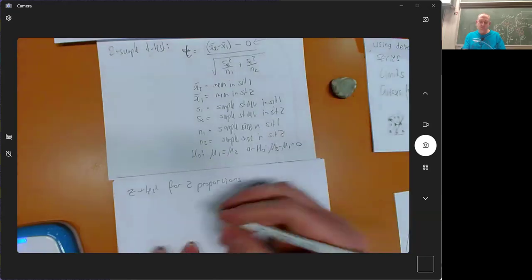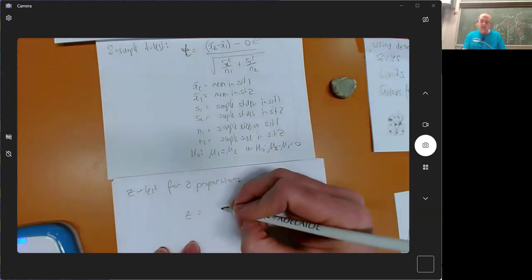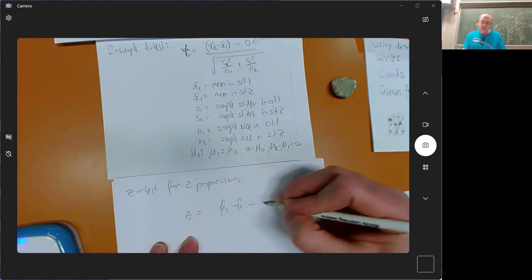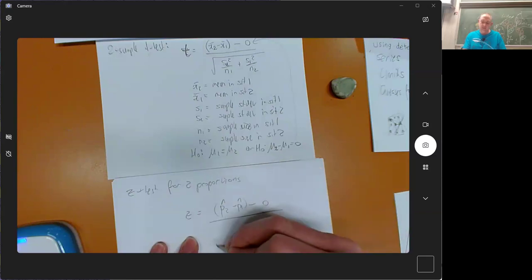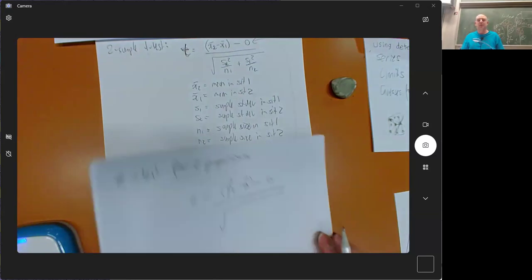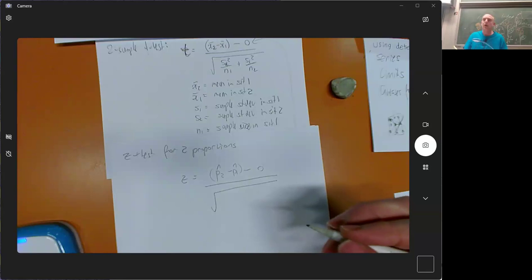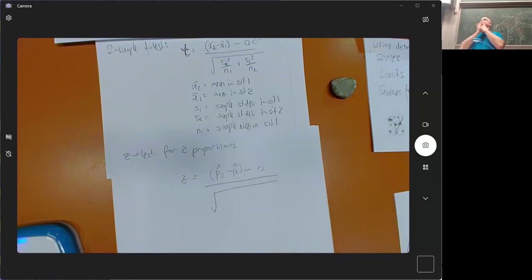The z-test for two proportions is extremely similar. And in fact, I'll probably do exactly, oh no. Ah, it's not similar. Okay, that's okay.